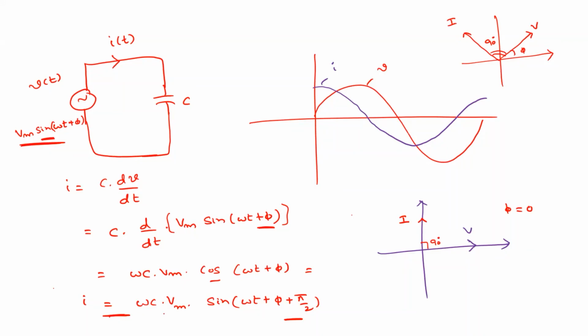Coming here, we have omega C into Vm. What we got is V equal to Vm sine omega t plus phi, and I equal to omega C Vm sine omega t plus phi plus pi by 2.